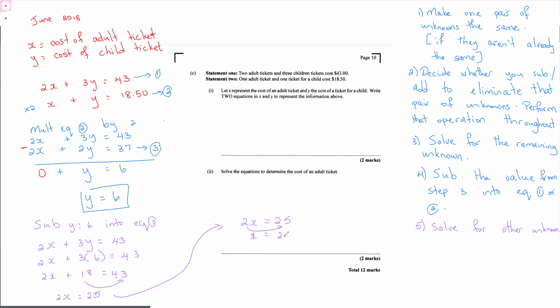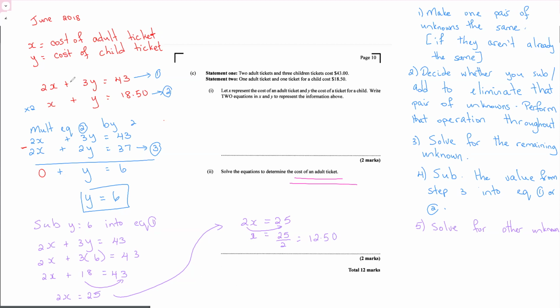So when it goes across, you'll divide. 25 divided by 2. I got 12.5, which is basically, as money, $12.50. Now, they asked you for the cost of an adult ticket.